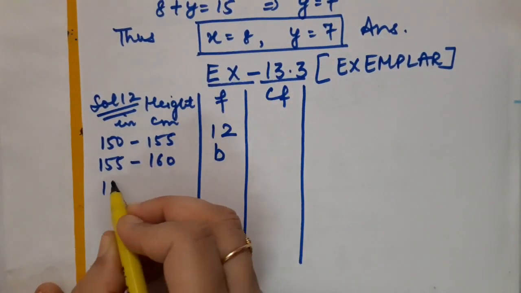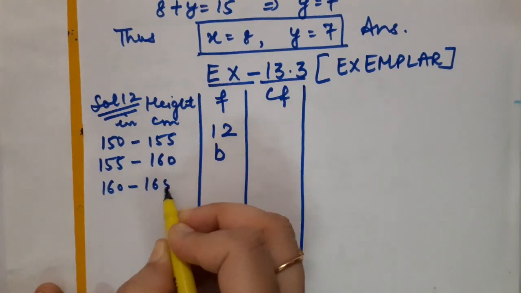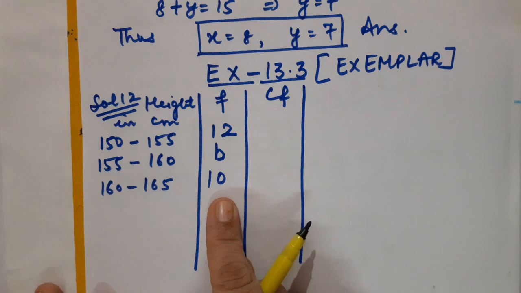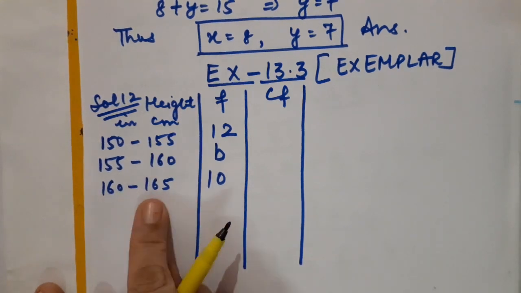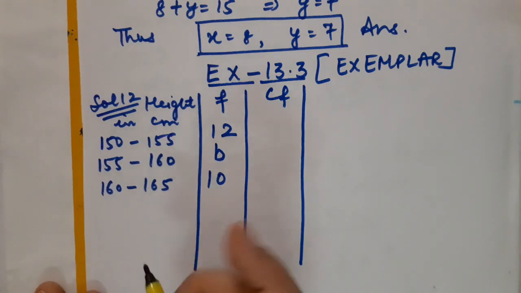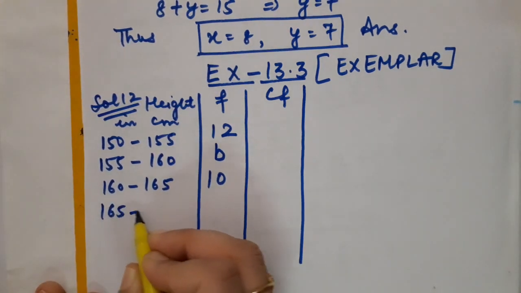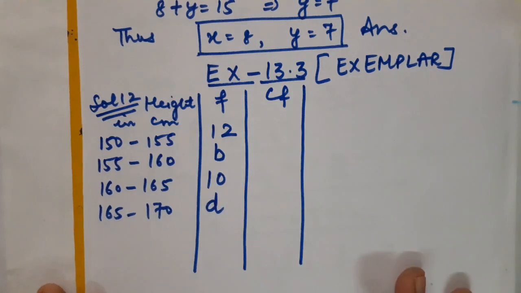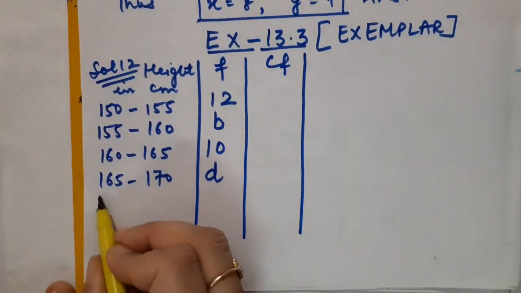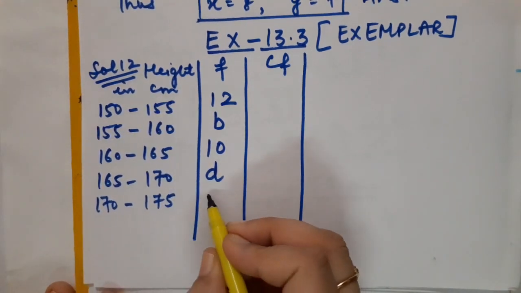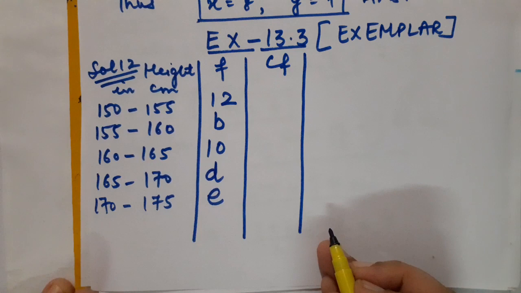Next is 160 to 165. There are 10 students whose height is from 160 to 165. It should be less than 165 actually. Then 165 to 170, D number of students are there. Then 170 to 175, E number of students are there.